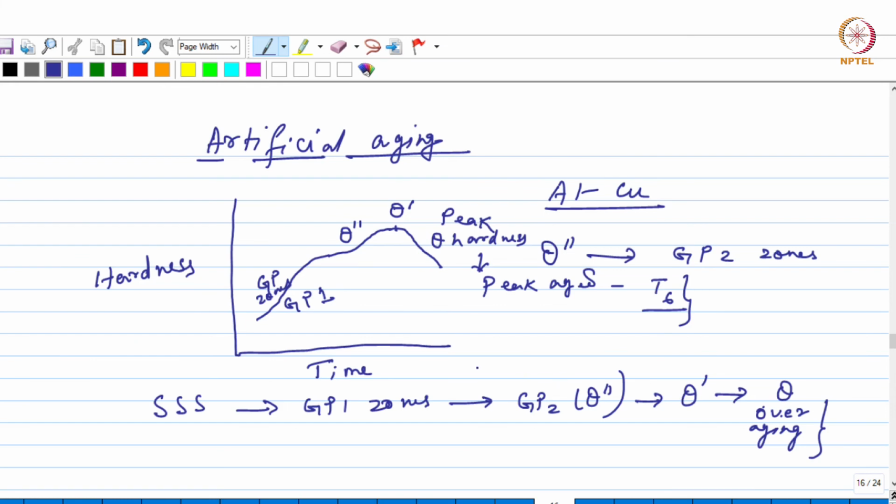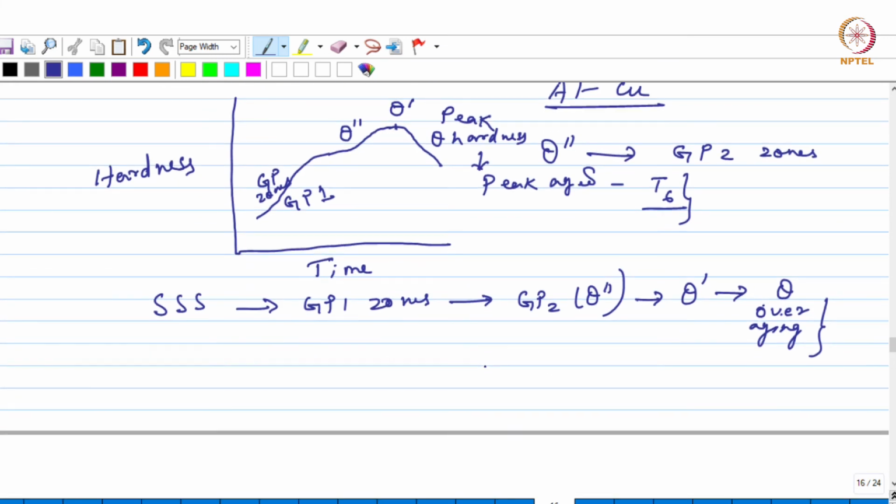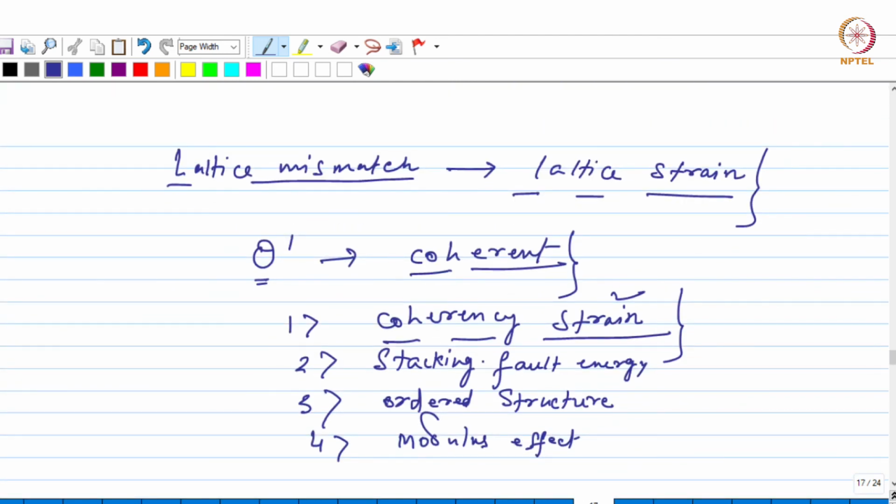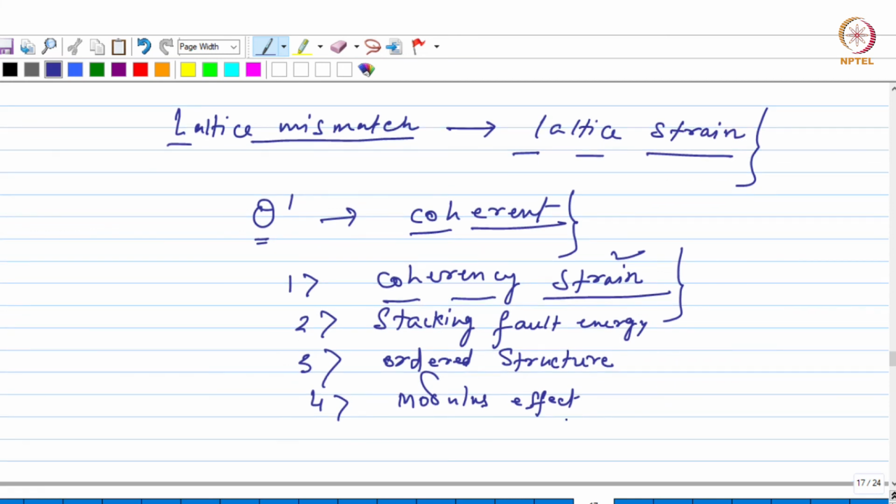Okay, and we have seen that there are 6 different mechanisms which can operate during this phenomenon, and these are as follows: coherency strain, which is basically the elastic interaction between the precipitate particles and the dislocations; stacking fault energy, which arises due to the different stacking fault energies of the precipitate and the matrix; ordered structure strengthening comes due to the fact that the precipitates can have an ordered structure, and in that case, when the dislocations move through the precipitates, antiphase boundaries will form, and the dislocations will find it difficult to move through the antiphase boundaries, and as a result of that, the strength will increase.